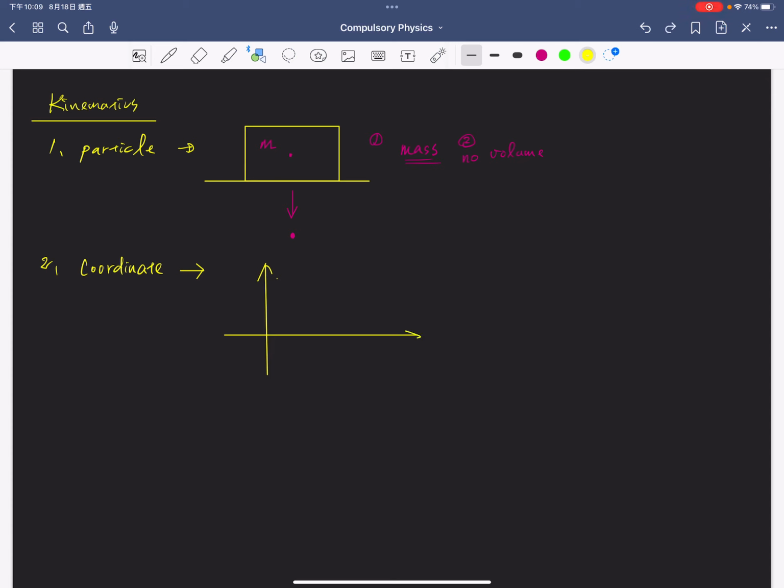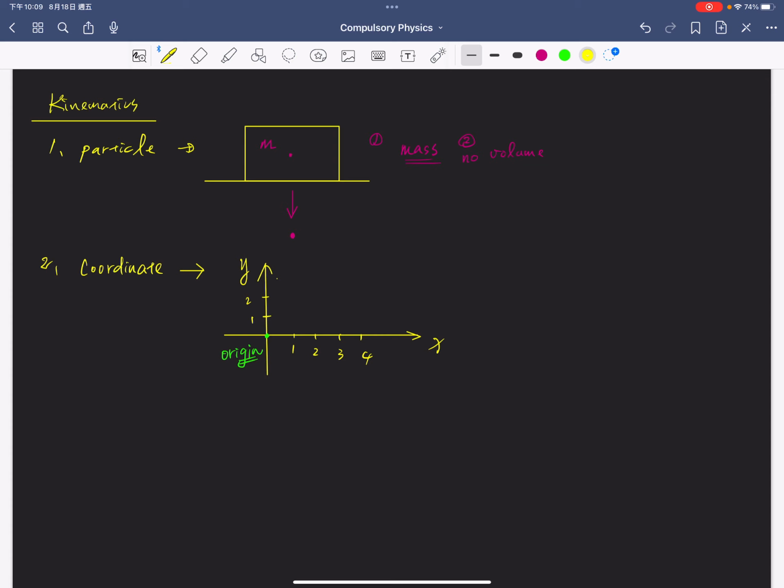The horizontal axis we call x, and the vertical axis is y, and the intersection of x and y is the origin. There are some intervals, 1, 2, 3, 4, so you just label it 1, 2, 3, 4, and also on the vertical axis 1, 2.